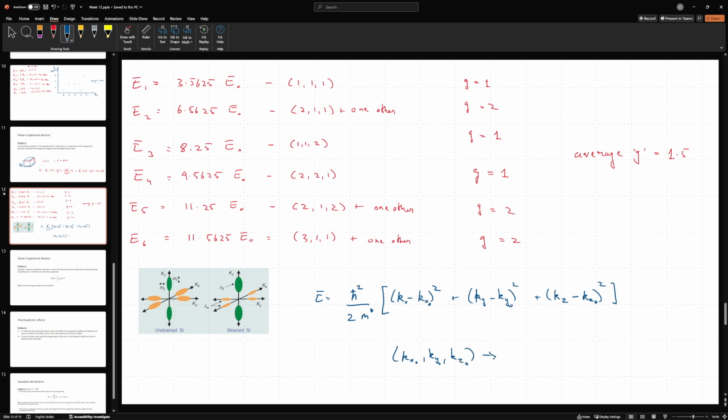This gives us the conduction band. Oh no, no, it's not this. I'm sorry. So remember that we write the energy as E minus EC. Okay, yes. I'm sorry, I made a mistake.